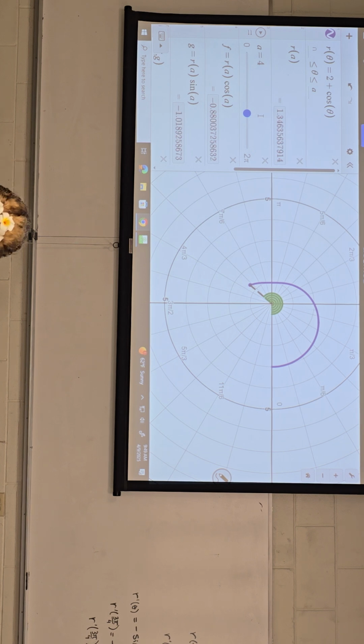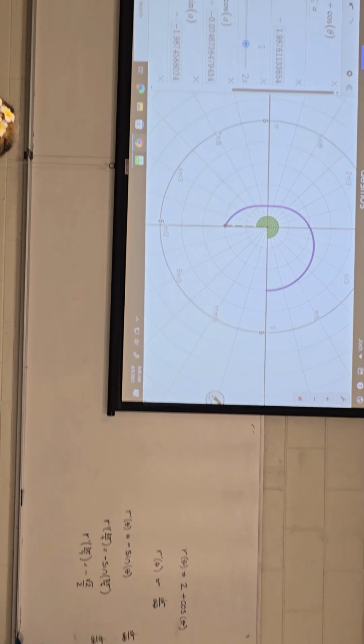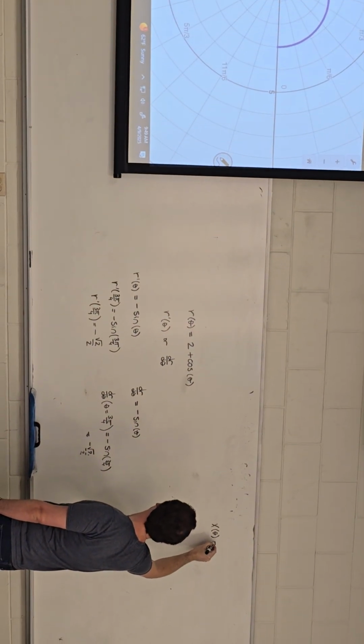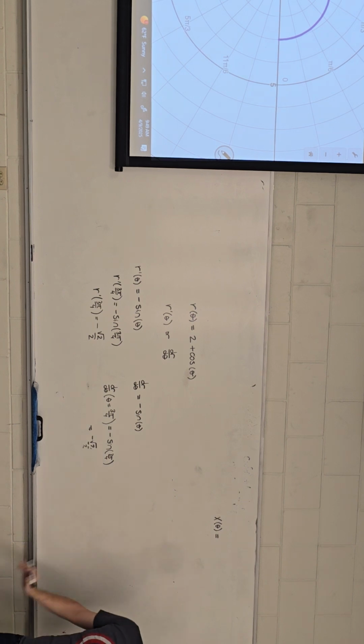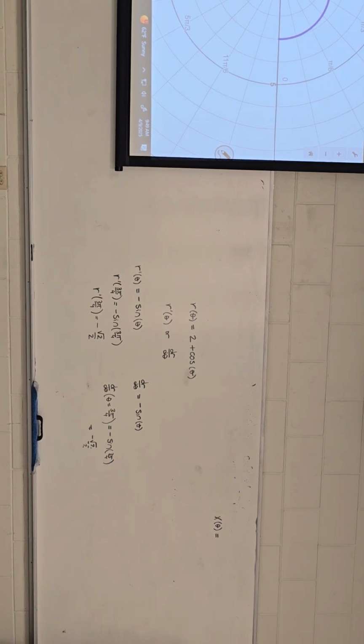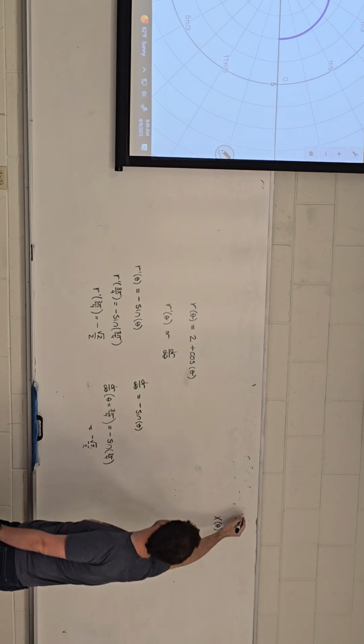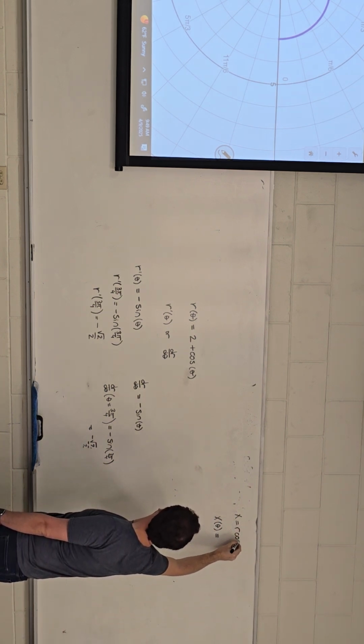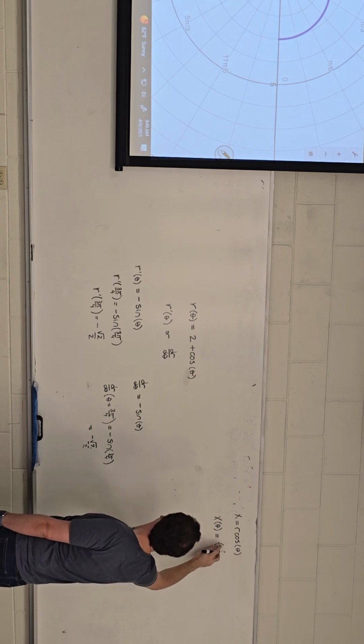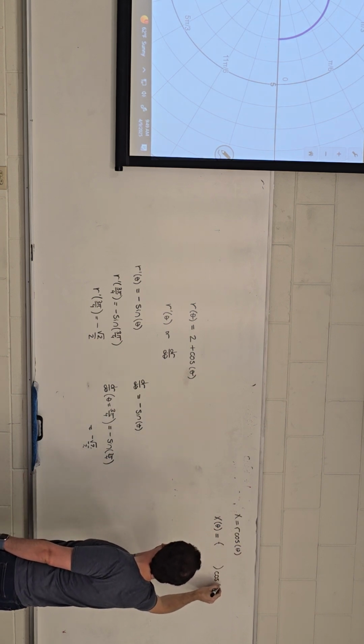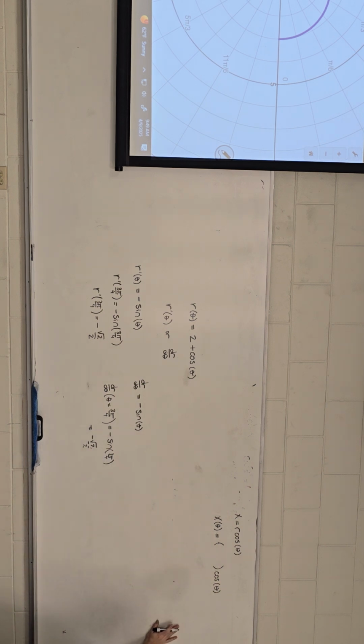Now, if you're kind of thinking about this like, well, you know, it is kind of moving to the right, moving to the left, moving down, how would I describe those? Then you can still write x coordinates and y coordinates. And all we would have to do is just remember our cheat sheet, our reference sheet, that x equals r cosine theta. That doesn't leave us from exam 2. So x equals r cosine theta.